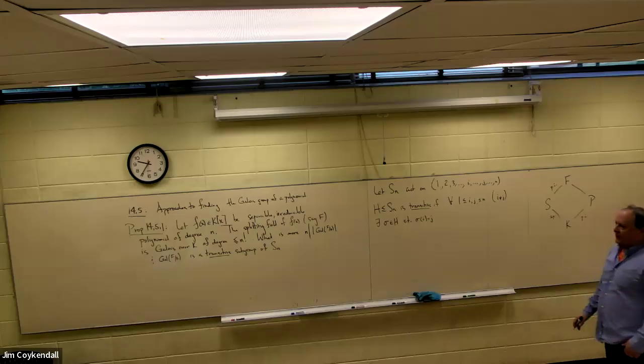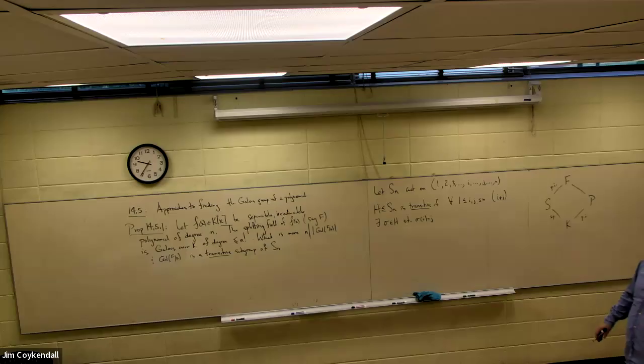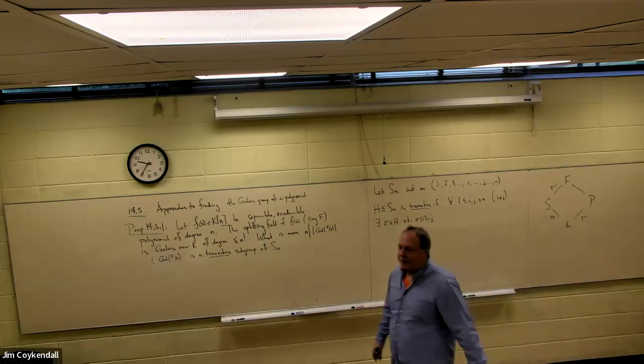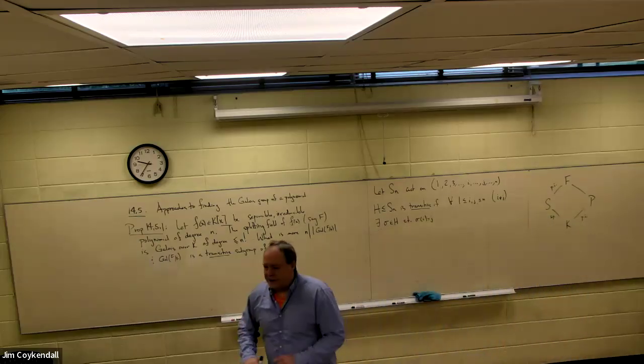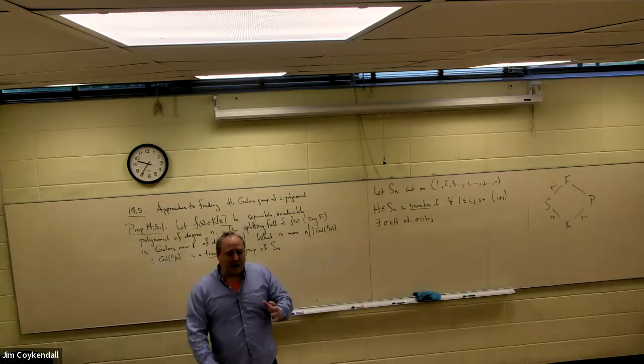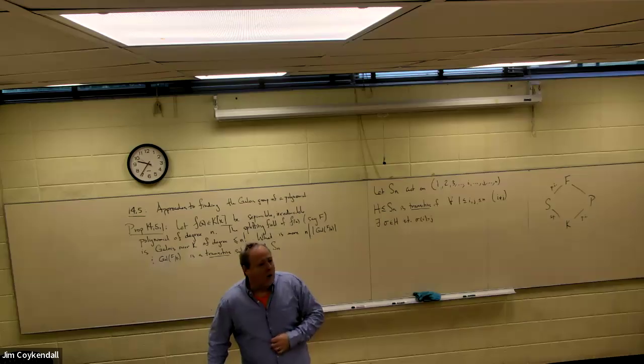This is what it means to be transitive. Take any two numbers out of that set from 1 to n, call them i and j. There's something in that subgroup that will take i to j. I'll give you an example of a transitive subgroup of S_n: all of S_n, because the transposition (i j) works, and I know that the transposition (i j) is in S_n.